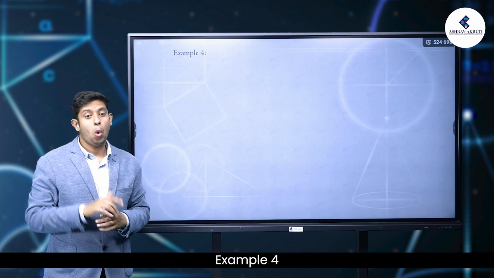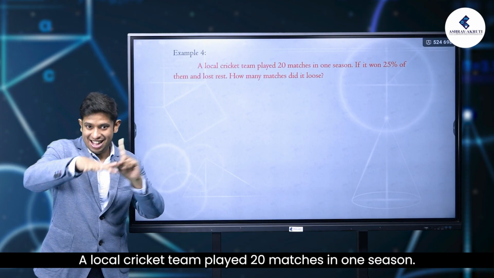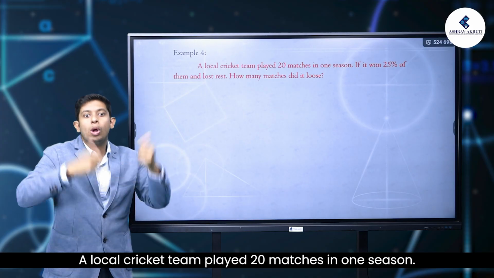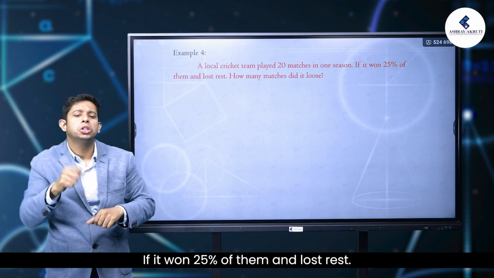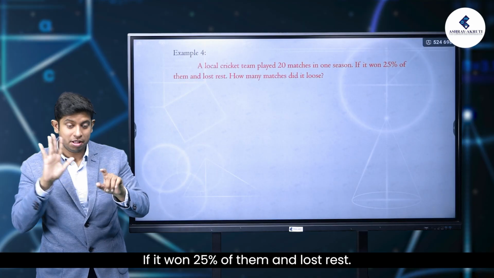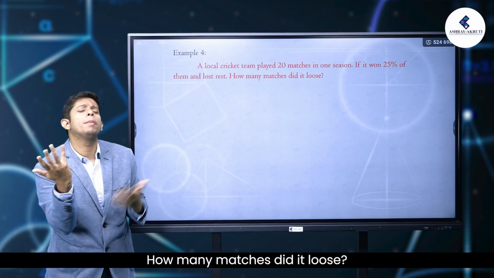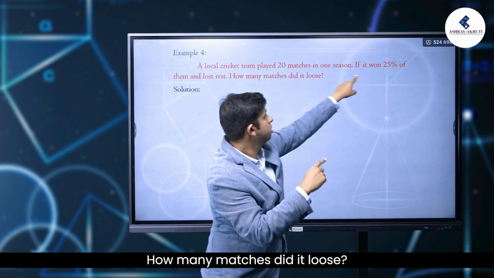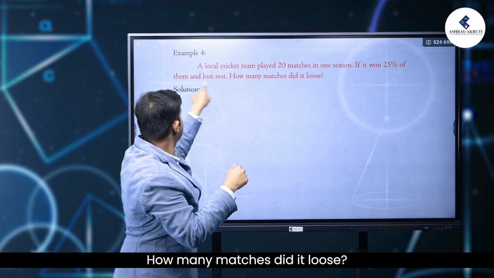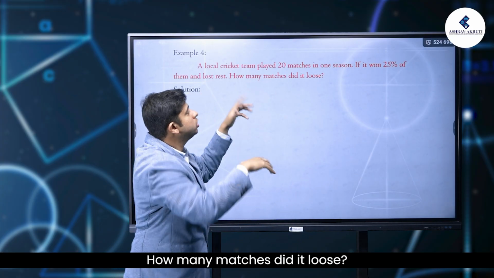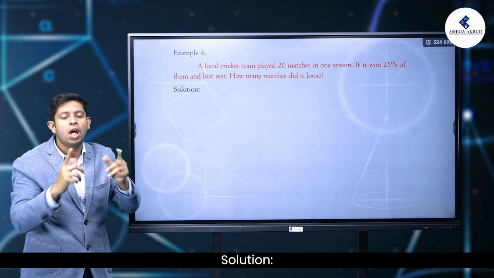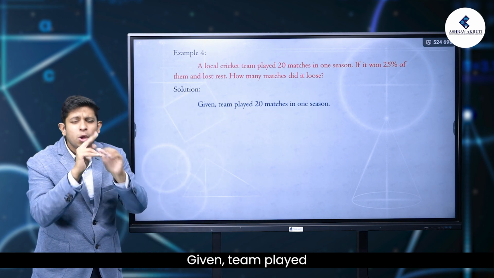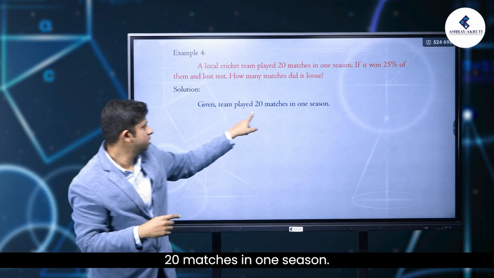Example 4. A local cricket team played 20 matches in one season. If it won 25% of them and lost the rest, how many matches did it lose? Solution. Given: team played 20 matches in one season.